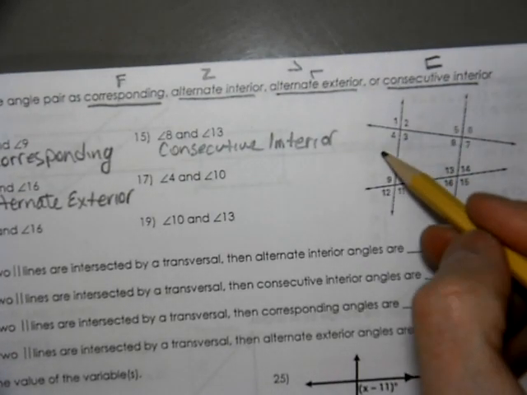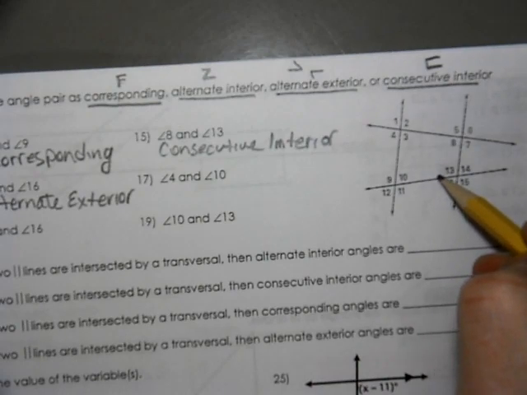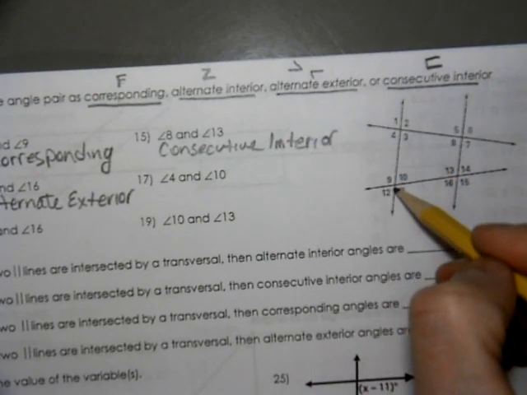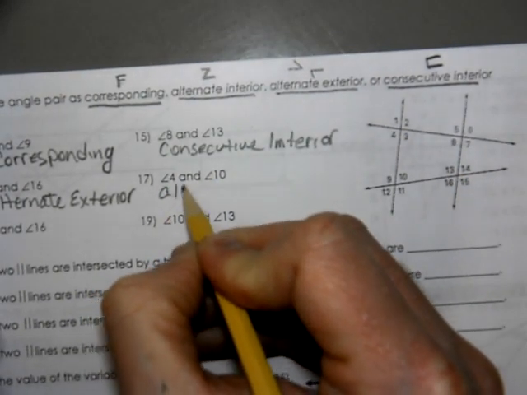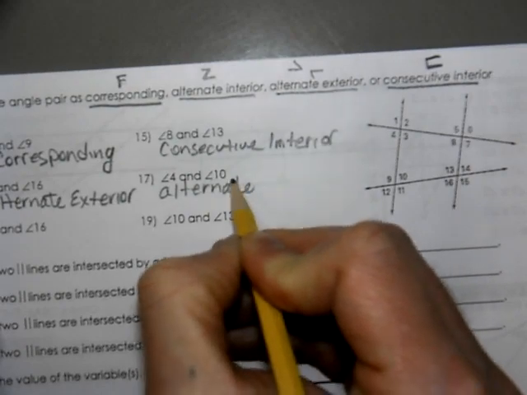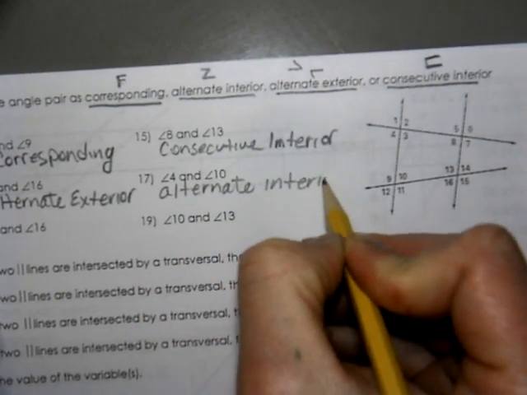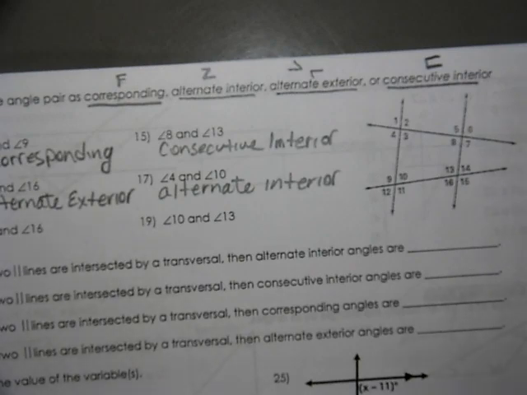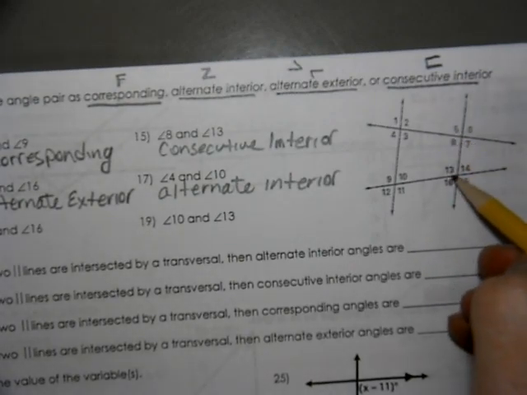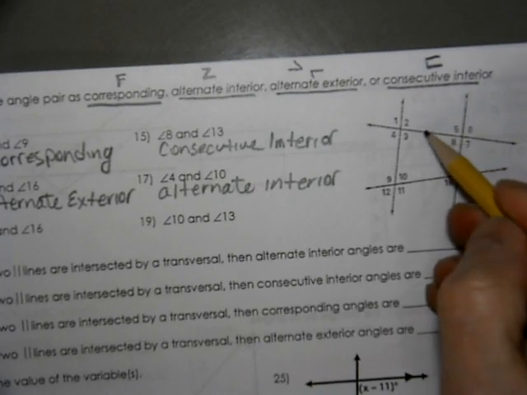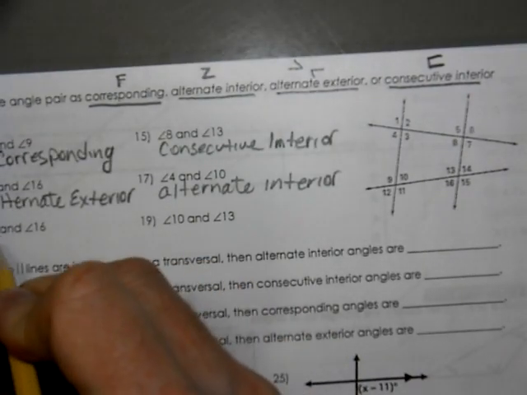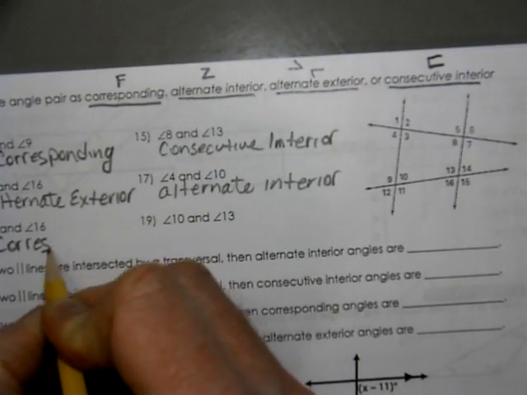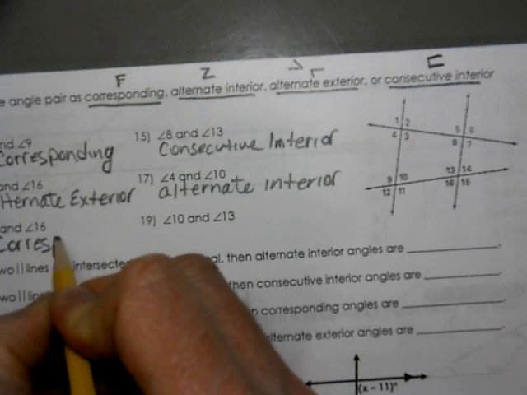They are on opposite sides of this transversal, but they make this zigzag shape. So the zigzag shape is alternate interior. 8 and 16. 8 and 16 make this F shape. It's a bit backwards, but it's an F shape. So we'll call it corresponding.